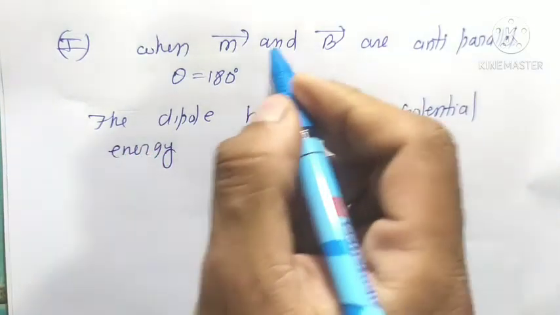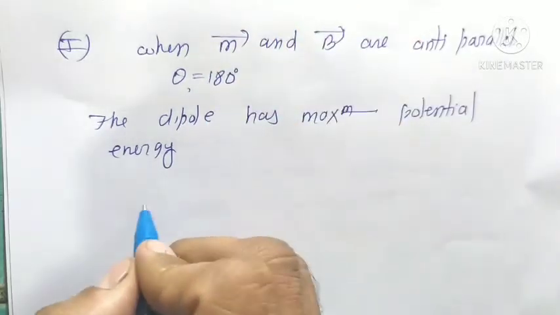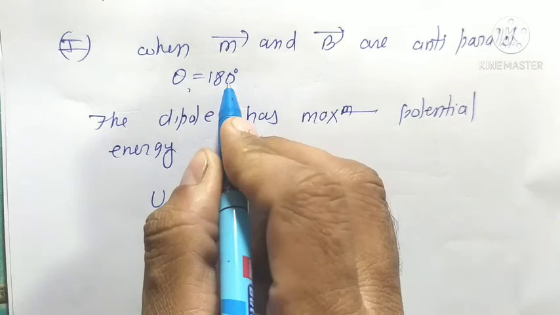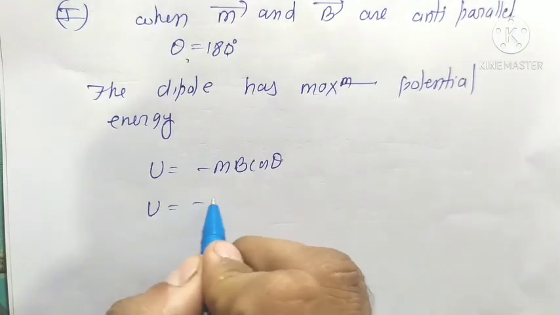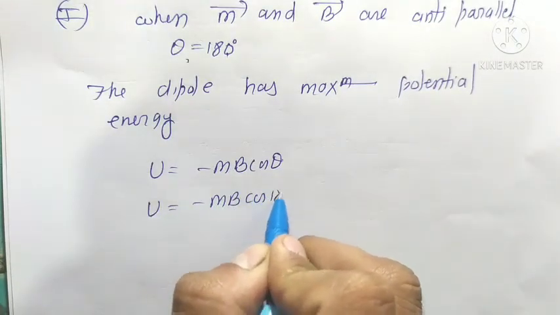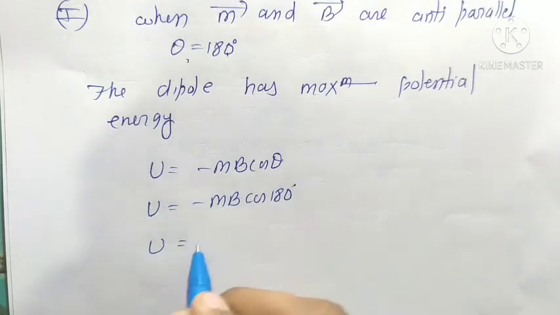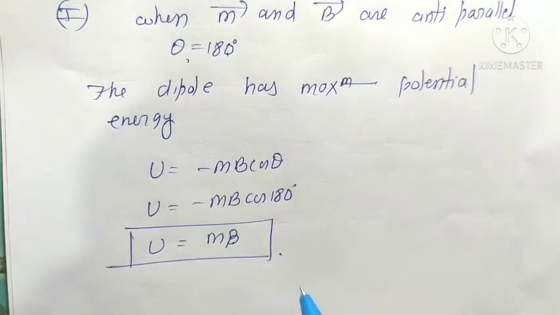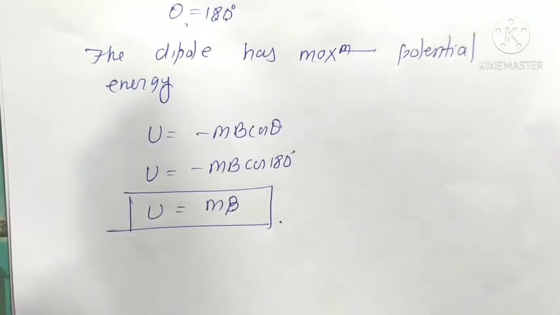We put this value here: U is equal to minus mB cos theta, now theta is 180 degrees. So U is equal to minus mB cos 180 degrees. Its value is minus 1, so it becomes plus mB, the maximum potential energy when theta is equal to 180 degrees.